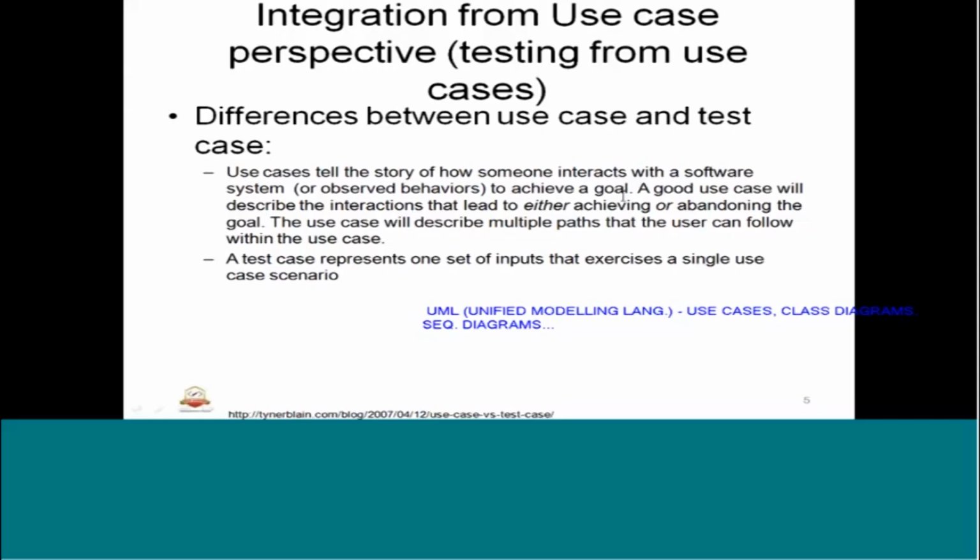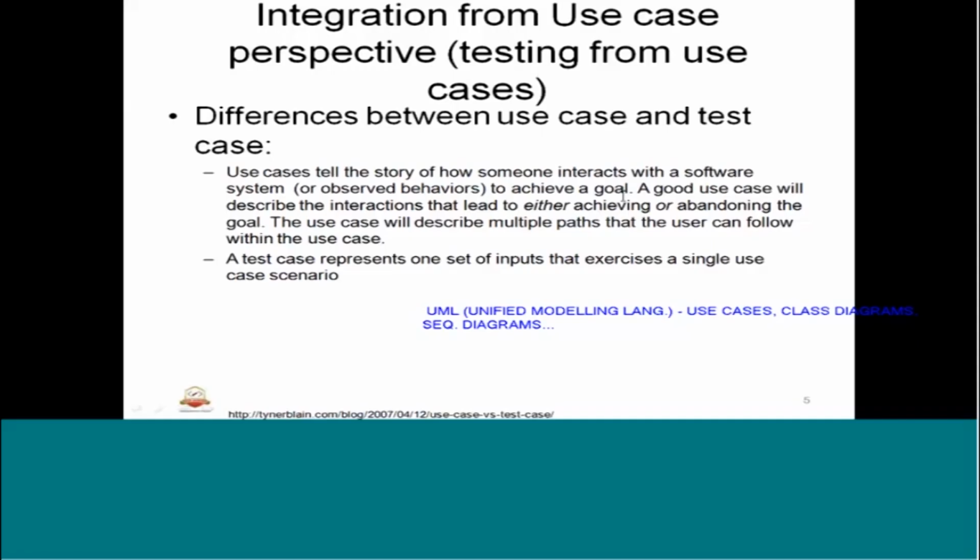The use case will describe multiple paths that the user can follow within the use case. So use cases can have different paths. We know this as the flow of program control or data flows, and it is subject to the complexity and the flow that the embedded system drives.